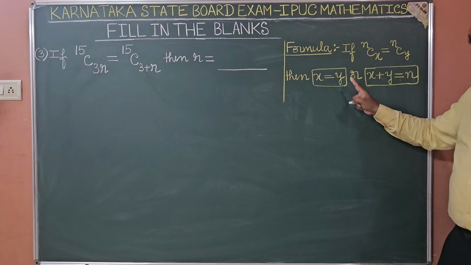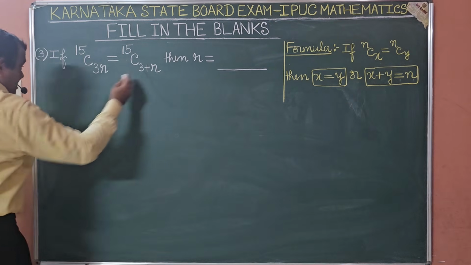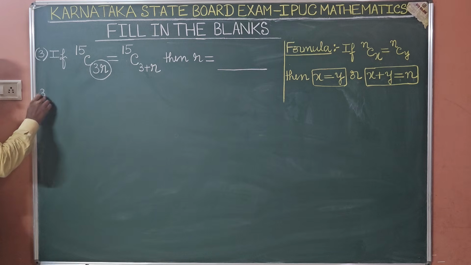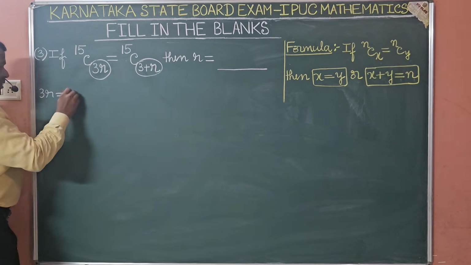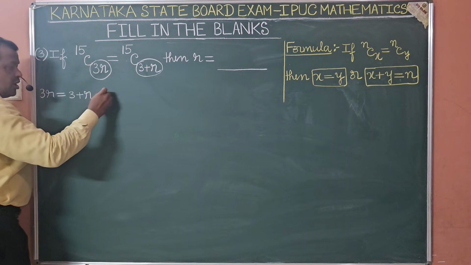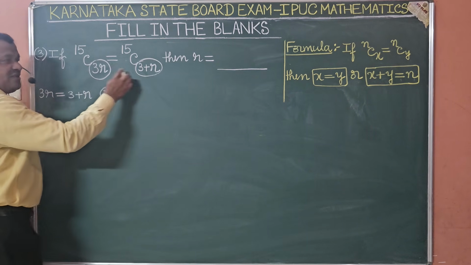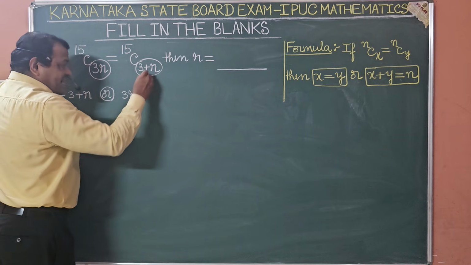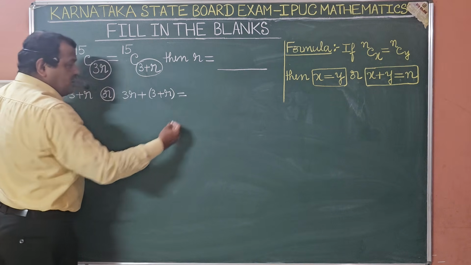This is the formula we apply to this. Therefore, either in this exercise, this is x, 3r is equal to this is y, 3 plus r, or sum of the suffixes, first suffix 3r plus second suffix 3 plus r is equal to n.